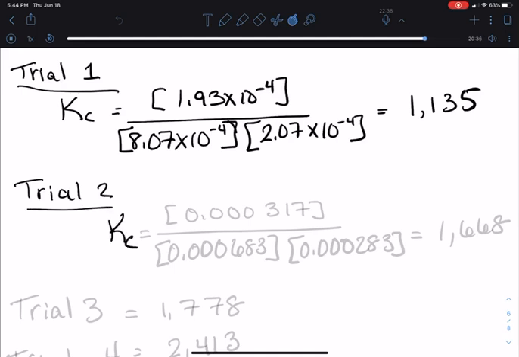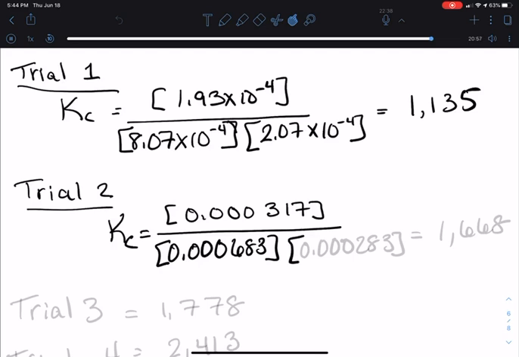Put our concentration of our products, multiplied by our concentration of reactants. Now this is still all at equilibrium.